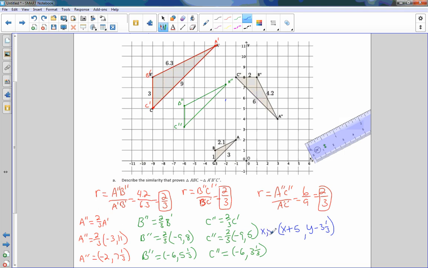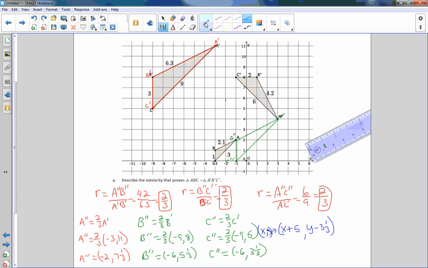So this is my (x, y) translation: move right 5, down 3 1/3. So I go 1, 2, 3, 4, 5, and then down 3 1/3: there's a third, there's 1, 2, 3. So there is a shift right 5, down 3 1/3.